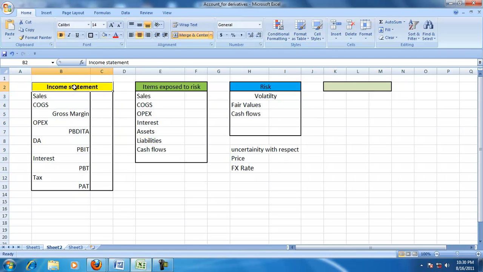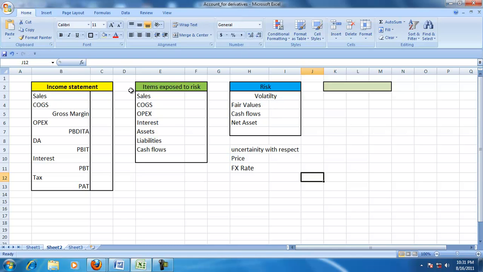That is, the variations of profits are exposed to risk. Though in this session we will not discuss that, the other item also exposed to risk is the net assets, which arise because of the consolidation of financial statements. We'll pick that up later.